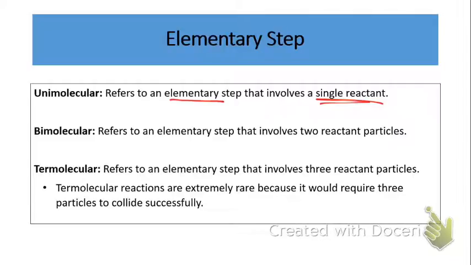Bimolecular simply means that the elementary step involves two reactant particles. And termolecular simply refers to an elementary step that includes three reactant particles. However, termolecular reactions are extremely rare. We hardly ever see termolecular at all.